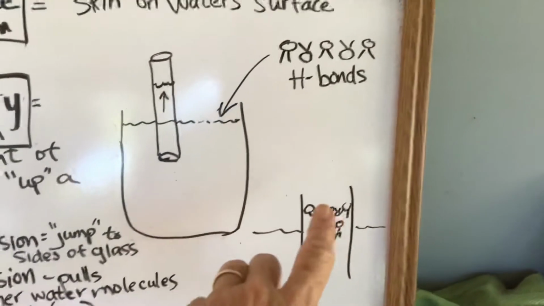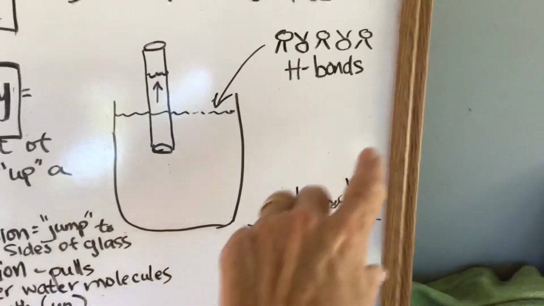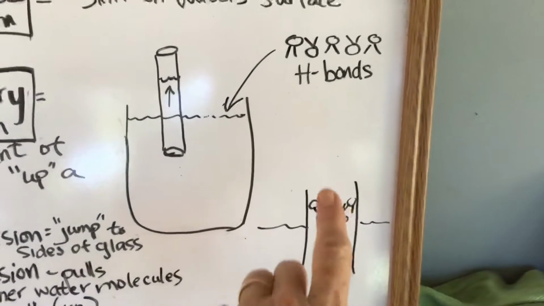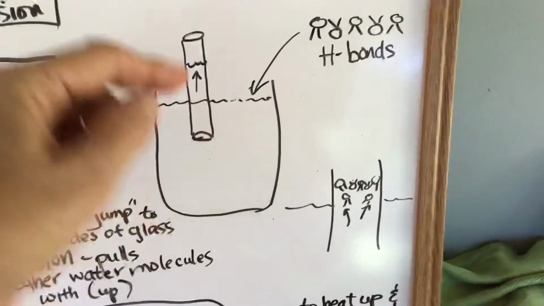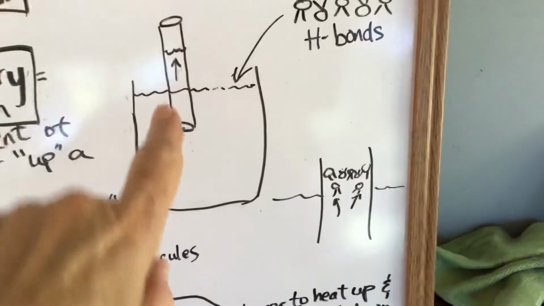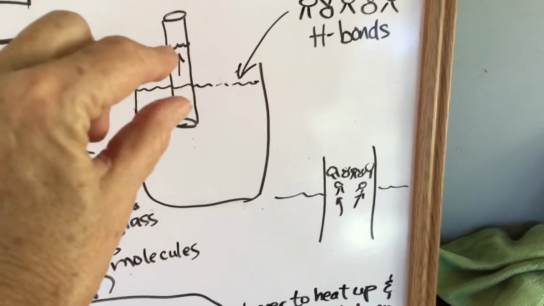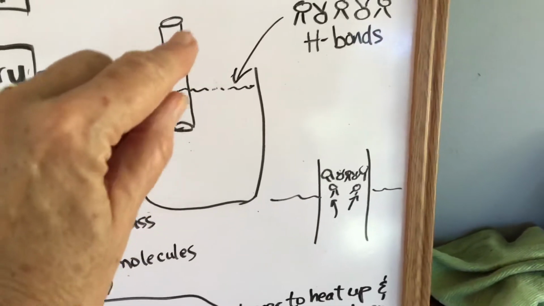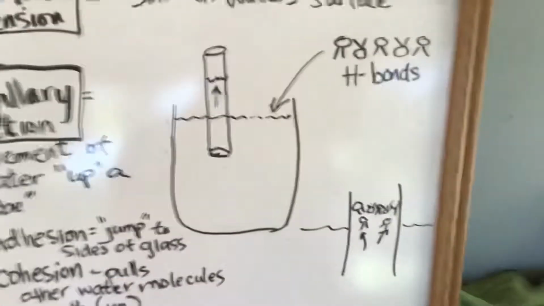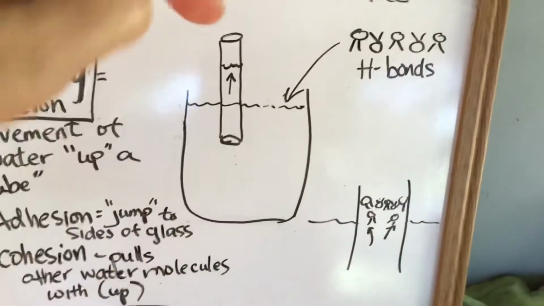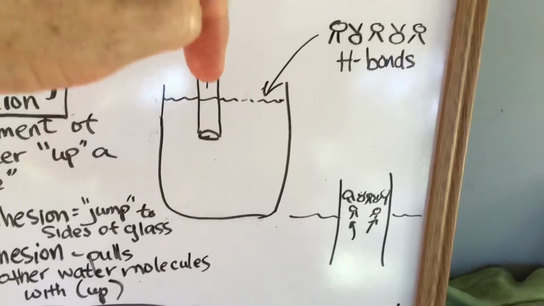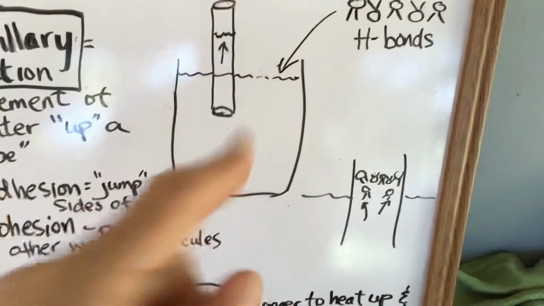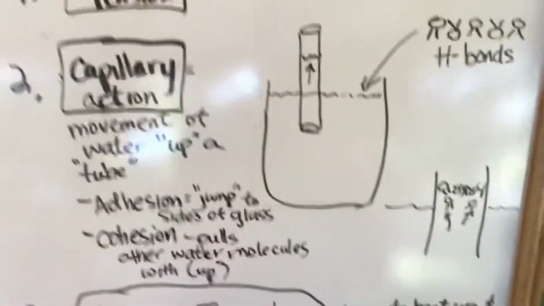So this attraction property will keep moving the water up the tube and pulling water with it until the weight of the water column in that tube is so heavy that the adhesive forces are outweighed. Or another way to think about it is that the pressure of the air downward on it is so much that it's keeping it from moving up. Okay, so it's going to move up a tube.